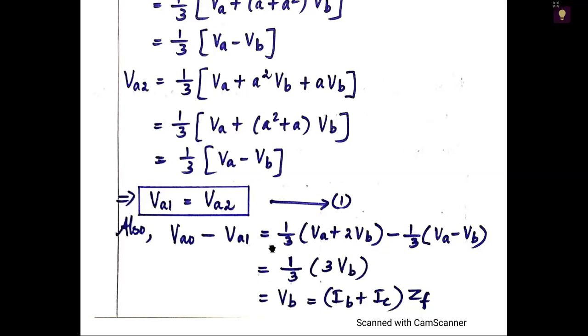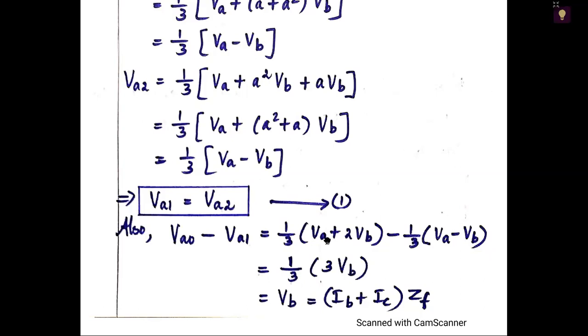There is some finite value for VA0. So now we have to find the relation between VA0 and VA1, and only then can we decide how to include the zero sequence network. So VA0 minus VA1 is equal to 1 by 3 into (VA plus 2VB) minus 1 by 3 into (VA minus VB).